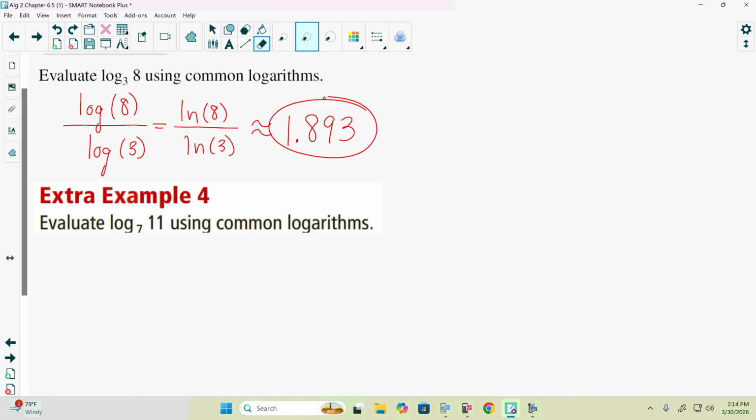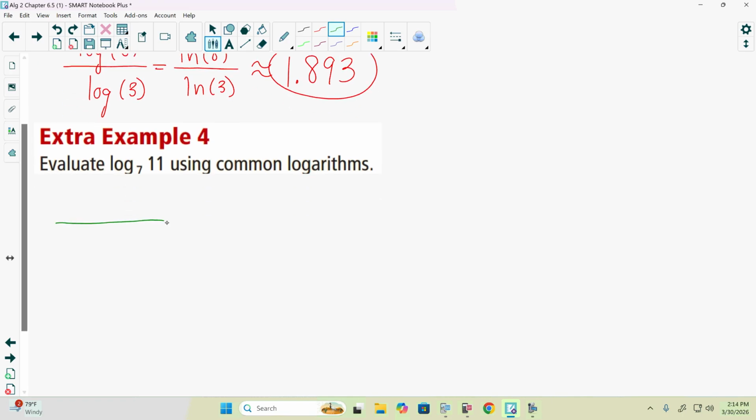Questions on this here? So if I wanted to evaluate or rewrite log base 7 of 11 in terms of logs and natural logs, we'd have log of what? 11 over log of 7.